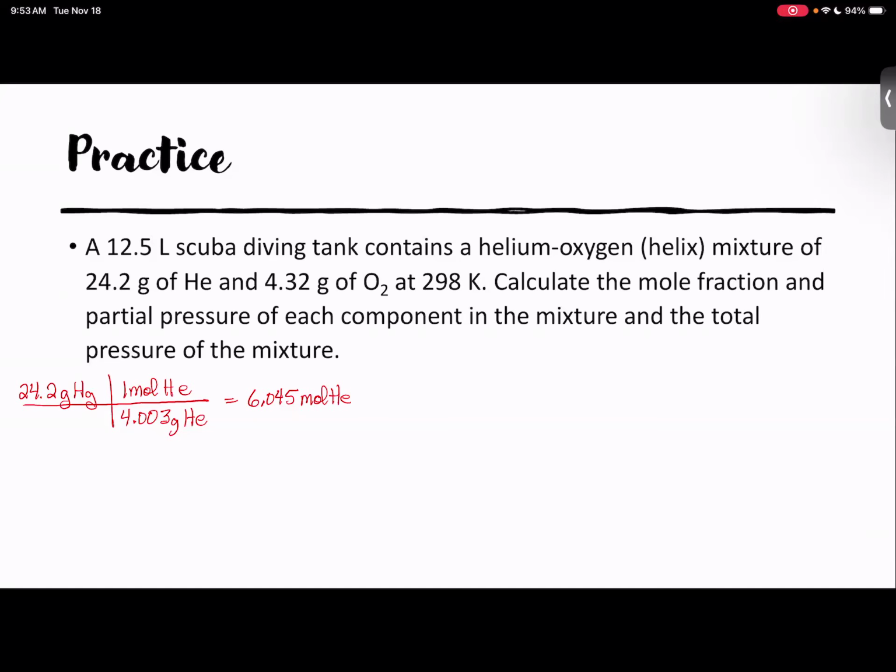We're also going to do that for oxygen. We have 4.32 grams of oxygen. Oxygen has a mass of 32 grams per 1 mole. So therefore, it's 0.135 moles of oxygen.